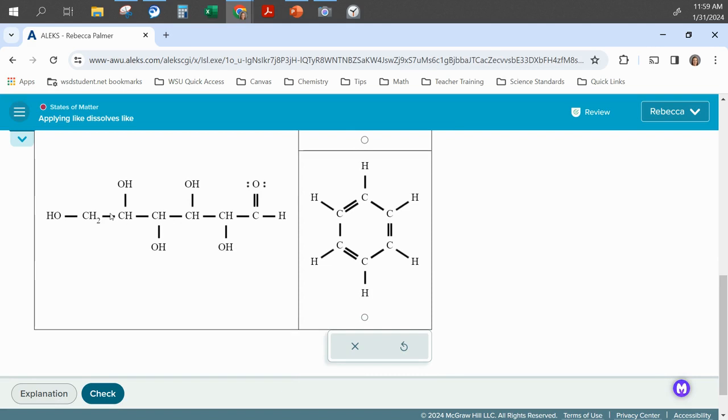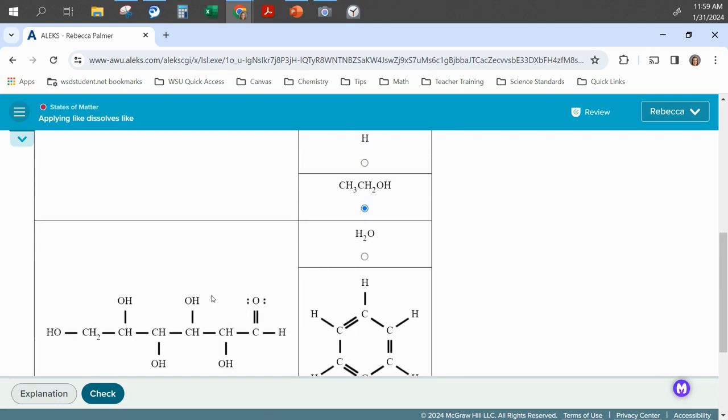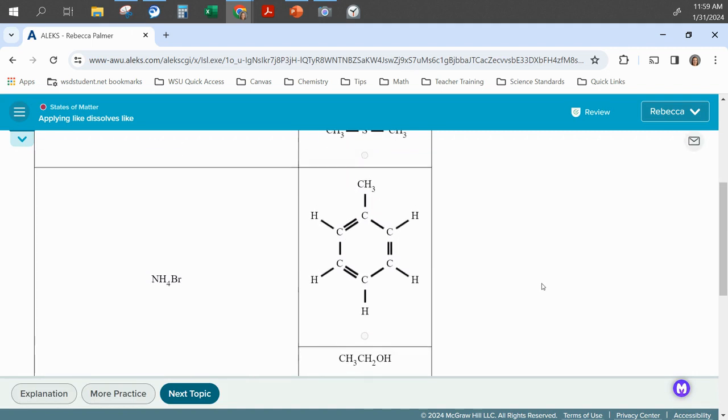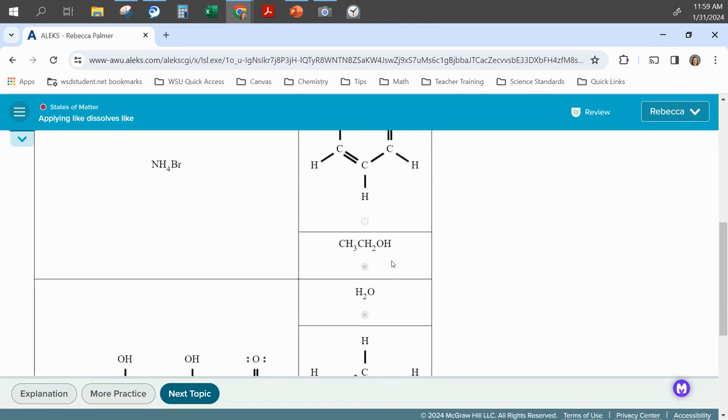Okay. These are OH groups. So water would be the best one. Wait, what was the one in the middle? So this one, we would pick the ethanol, because it's polar.